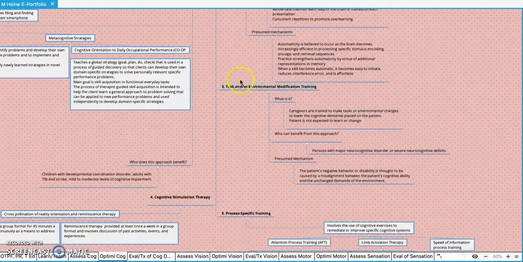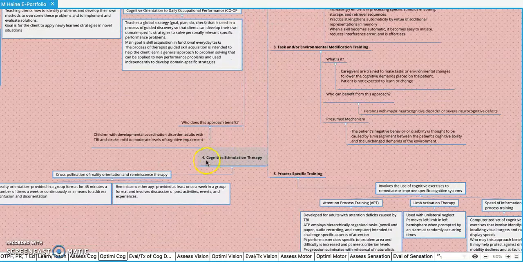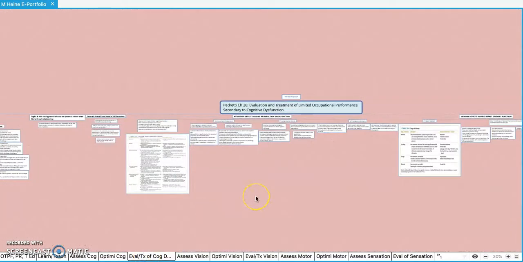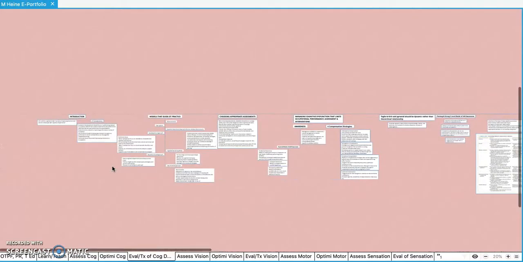And then third, we have task and environment modification, as I talked about, and then stimulation theory, process specific training, and then a lot of different strategies within all of those. So sufficient detail.